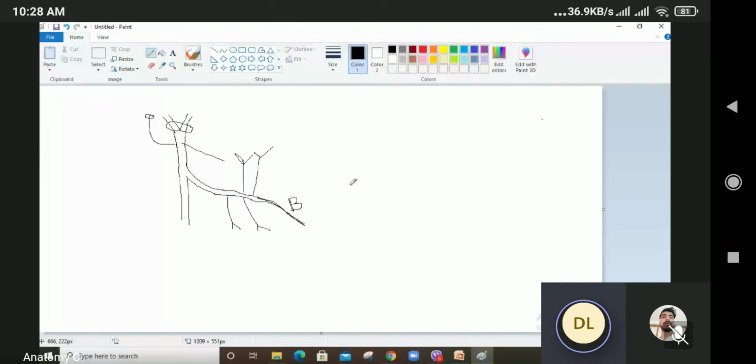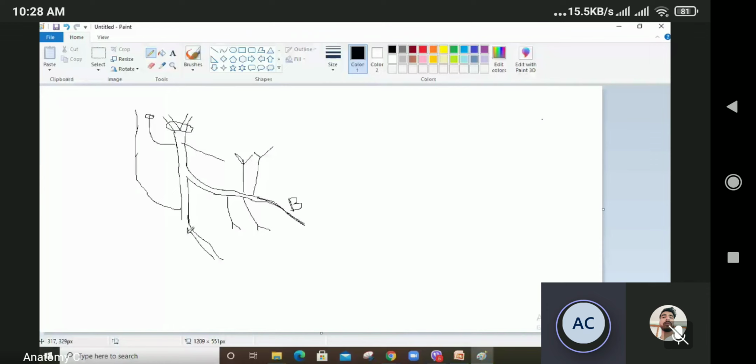Now the next one is from the posterior division. From the posterior division, we have a nerve going above, in front of the external acoustic meatus, known as the auriculotemporal nerve. Next we have the lingual nerve, and next the inferior alveolar nerve.